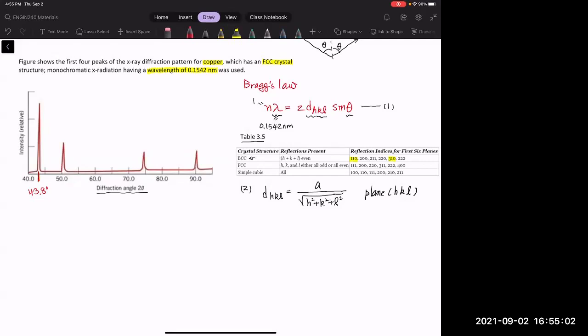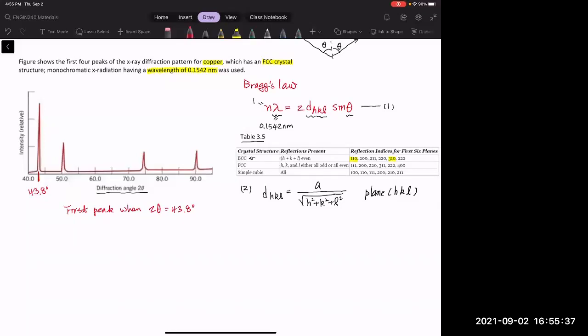The second one probably is 50 point something or 51, maybe like this. But I just start with the first peak. Okay, 2 theta equal to 43.8. That's the first peak location.